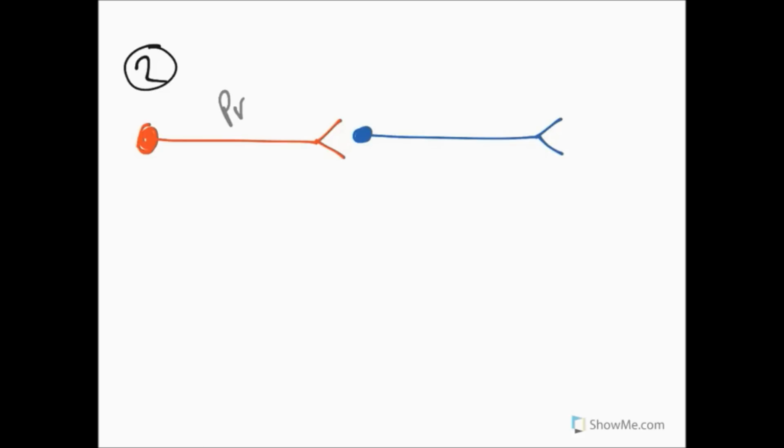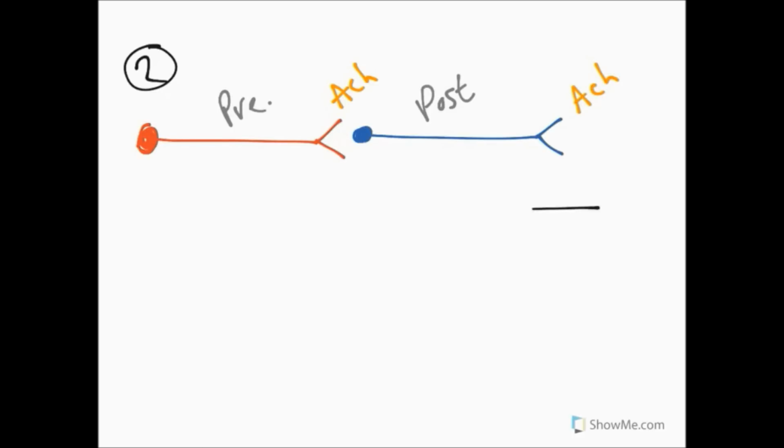So here's our pre and post ganglionic neurons, as we've seen before. And in this example, we have the pre-ganglionic neuron utilizing the neurotransmitter acetylcholine, but the post-ganglionic neuron is also using ACh on its effector organs as well.